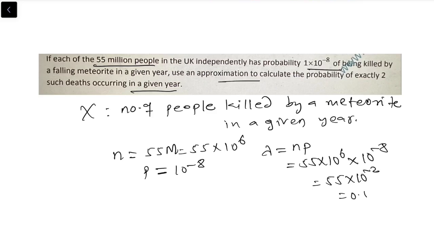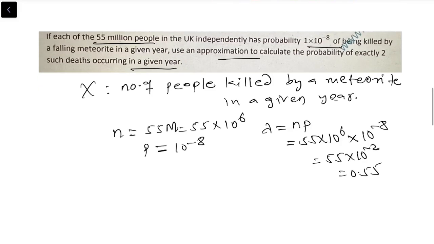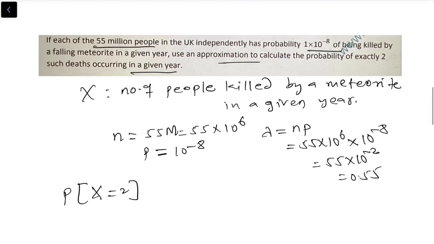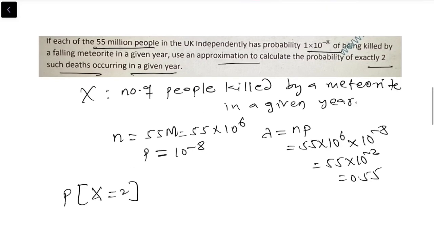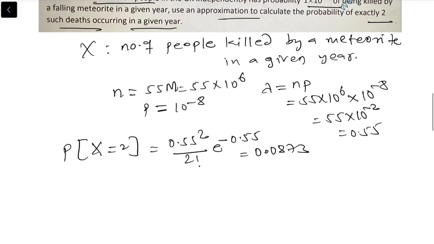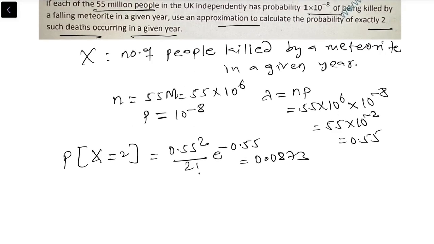We can write this as 0.55. So now probability x equals 2, exactly 2 such deaths in a given year, is 0.55 square divided by 2 factorial times e to the power minus 0.55, and this is 0.0873. All right, so this is how you can use Poisson approximation.